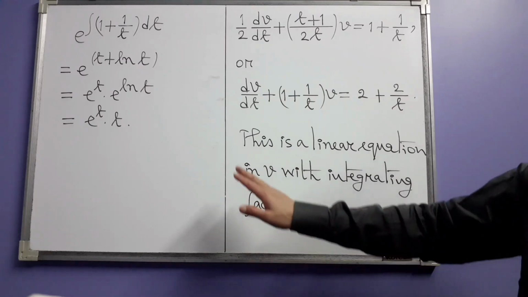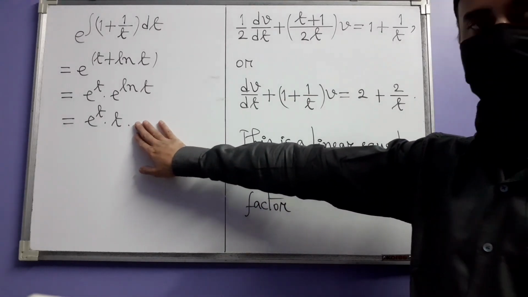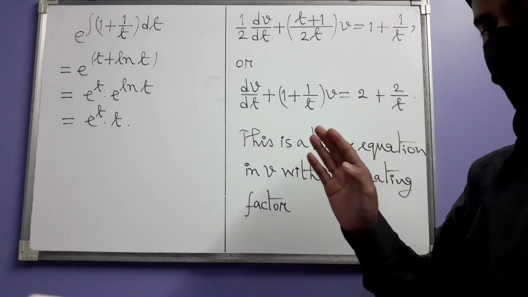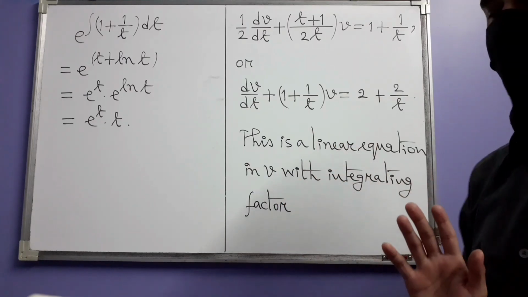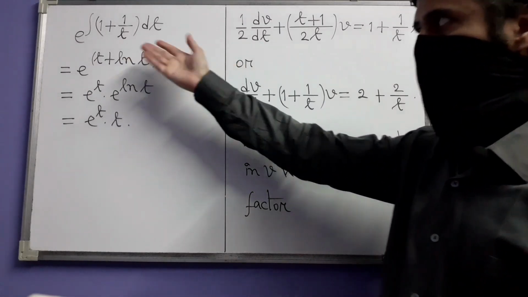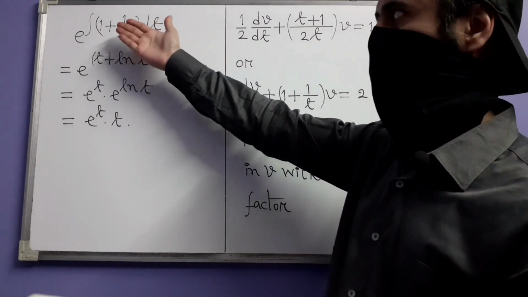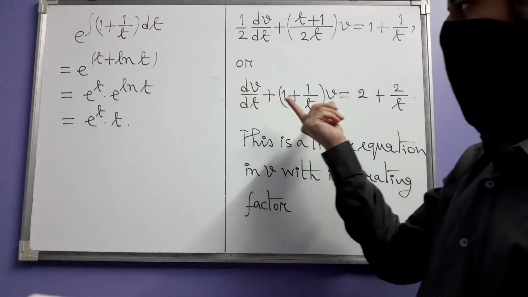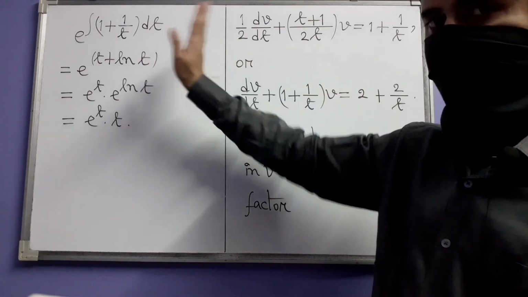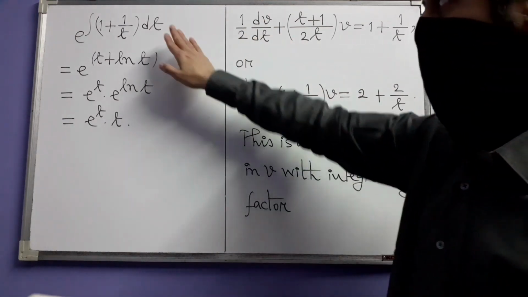Here the integrating factor will have the exponential function. You won't be able to get rid of the exponential function because of how this term is. So anyway, this is what it is: e to the power integral of 1 plus 1 over t with respect to t. Now the independent variable is t, don't forget that, don't write x.